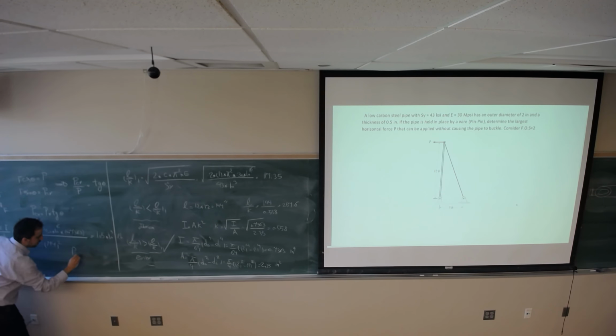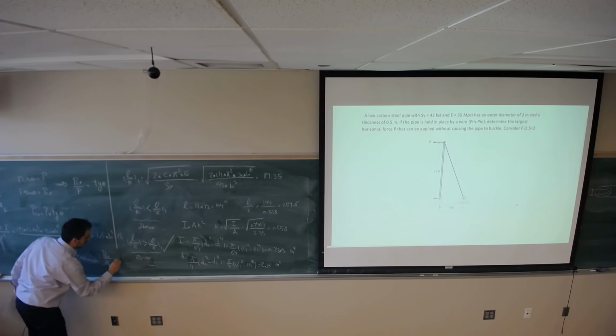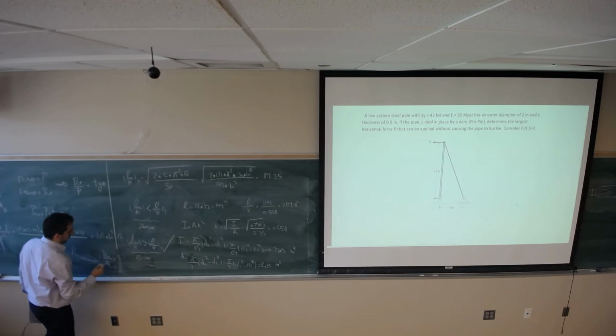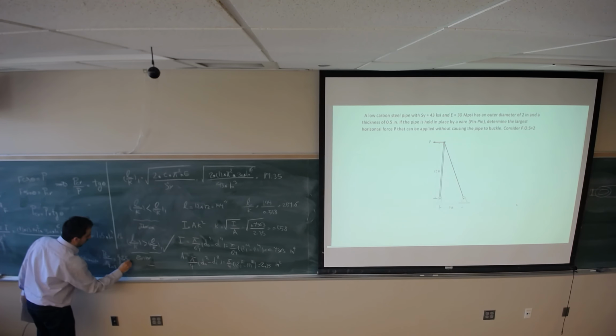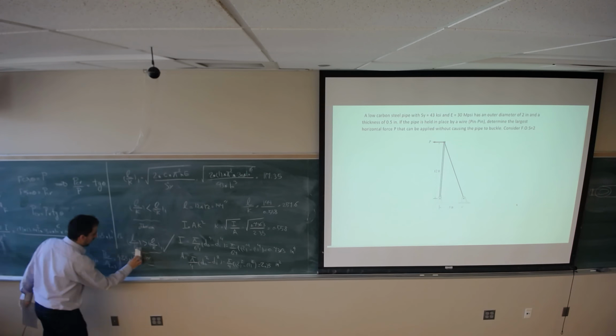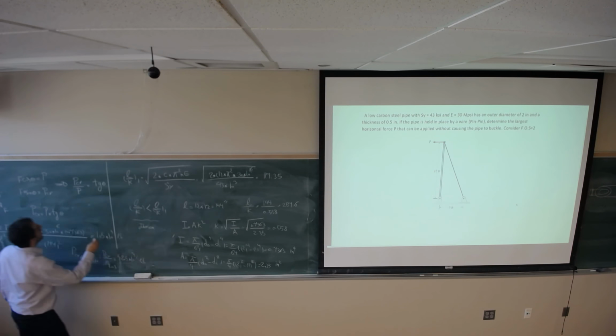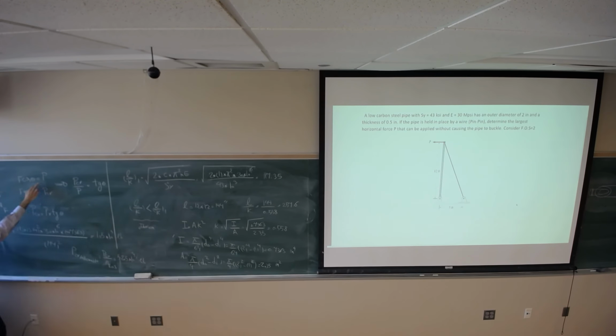P critical allowable is going to be P critical divided by the factor of safety, which is 52.5 times 10 to the power 3 pounds. Back to this, we are looking for P.